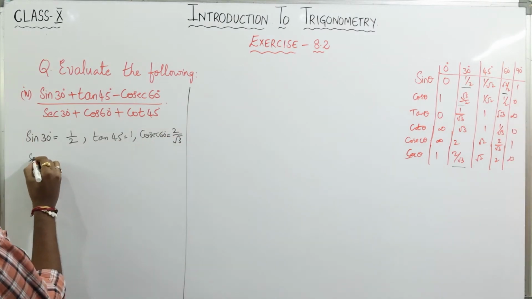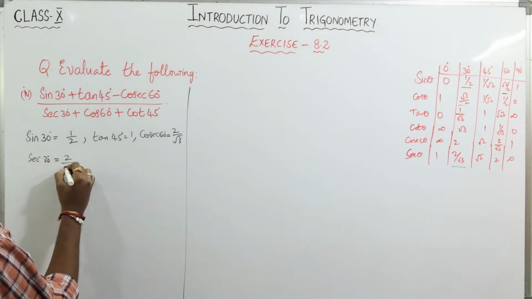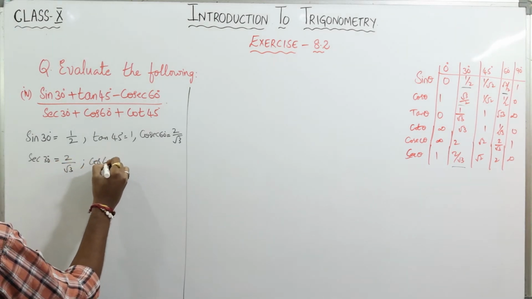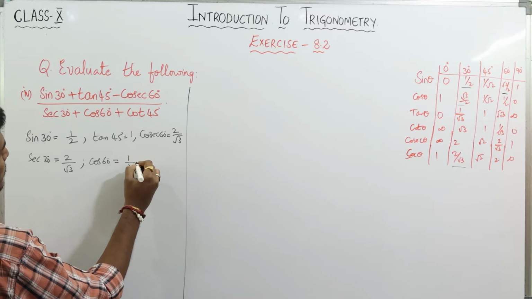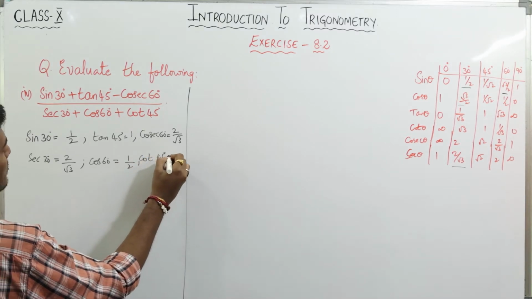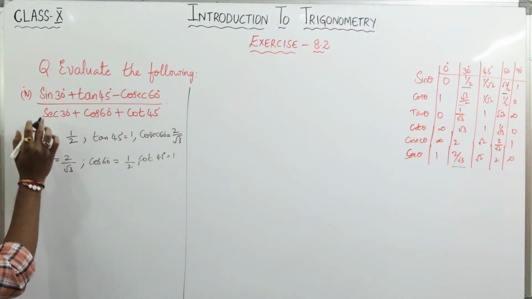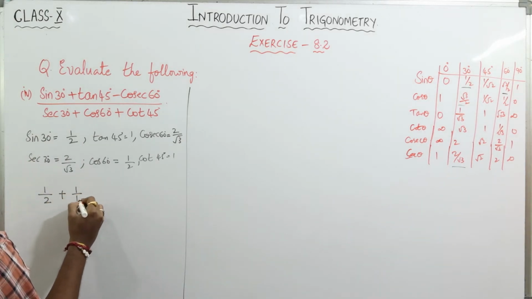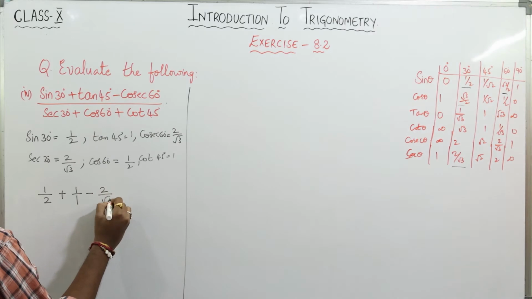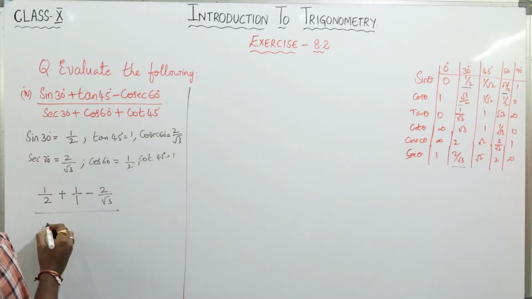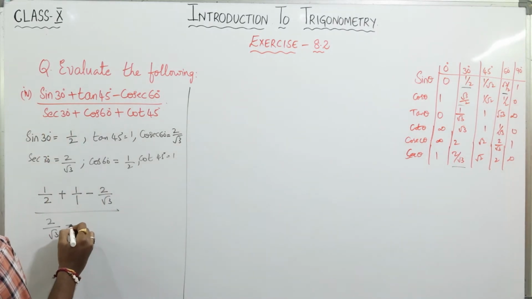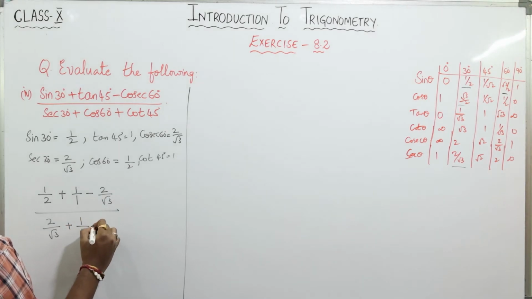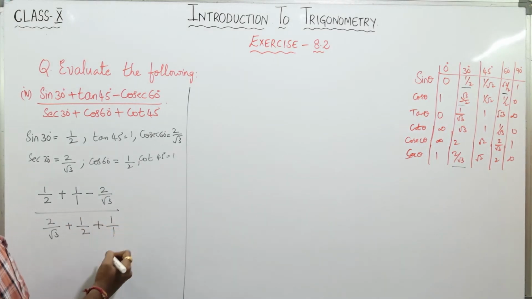Okay, and secant 30 is also 2 by root 3 and then cos 60 degrees is 1 by 2 and cot 45 degrees is 1. Now let us substitute these values in this. Then it will become 1 by 2 plus 1 by 1 minus 2 by root 3 divided by secant 30 is 2 by root 3 plus 1 by 2 plus 1 by 1.